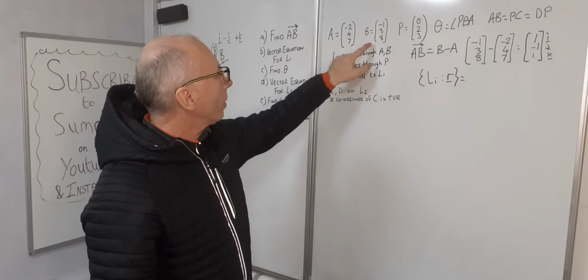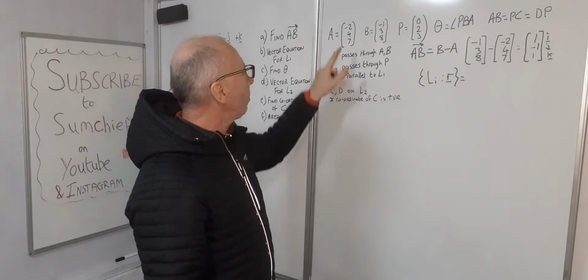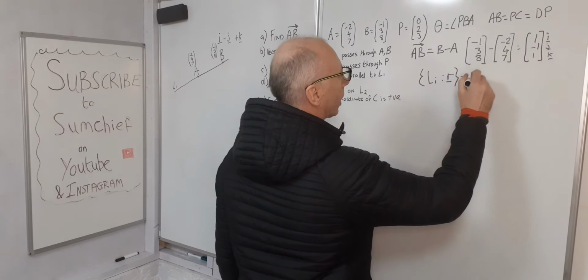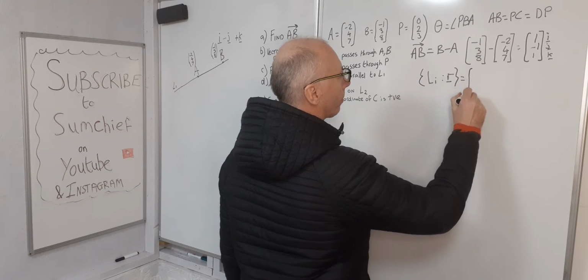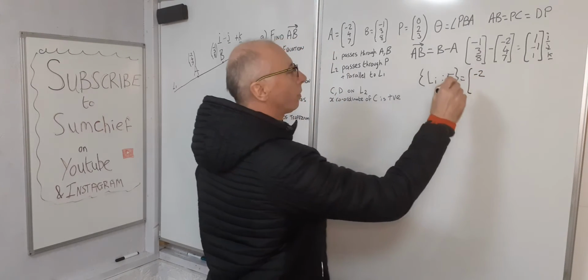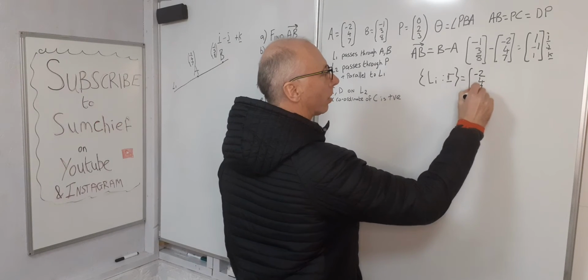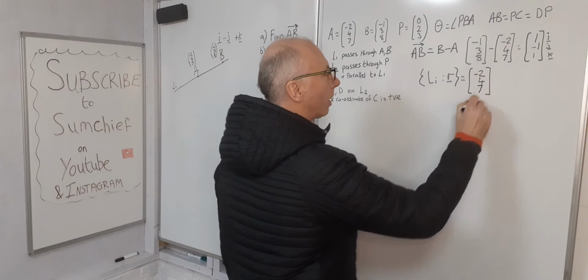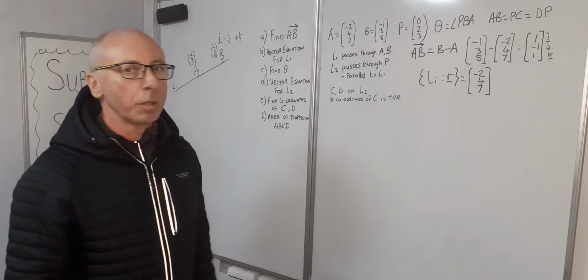Now you can put either of these two, it doesn't really matter. I'm just going to choose A, -2, 4 and 7. Okay, that's our beginning place.